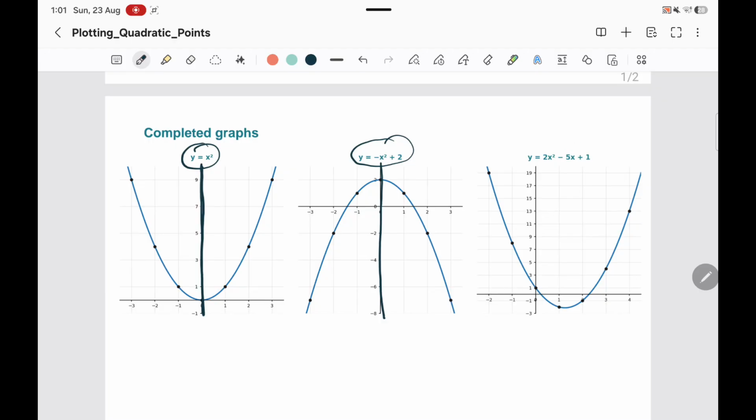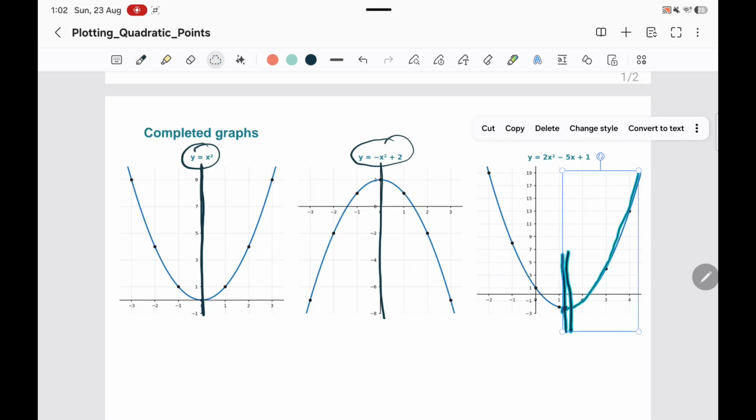But this one, I think, is somewhere between 1 and 2, because it just decreases up to a certain point, and then it's right here, I think. And then it starts increasing again. So the vertex would be around here, but we don't know yet where that is exactly.